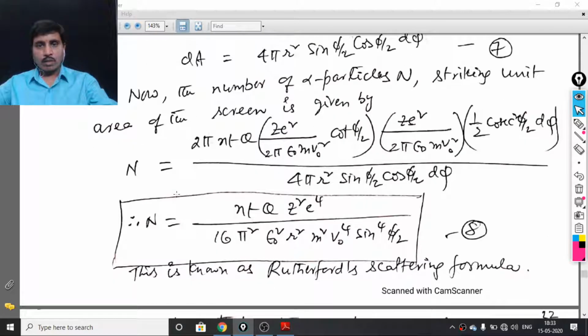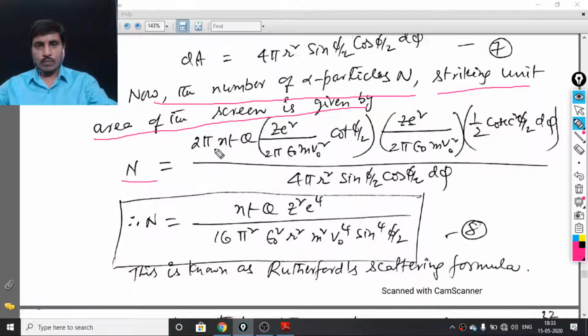Now, the number of alpha particles N striking unit area of the screen is given by N is equal to 2 pi ntq z square by 2 pi epsilon 0 mv0 square cot phi by 2 into z square by 2 pi epsilon 0 mv0 square into half cosecant square phi by 2 d phi whole by 4 pi square r square sin phi by 2 cos phi by 2 d phi.